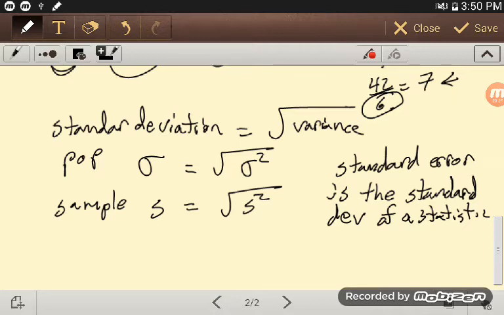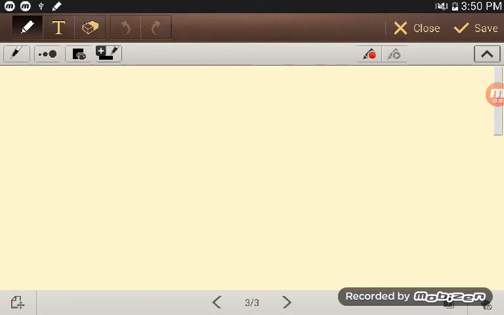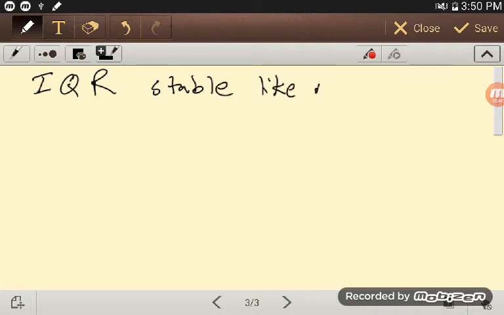Now I'll add one more page here for the interquartile range, or IQR. The interquartile range is a lot like the median in the sense that it is very stable. If you start adding numbers to a sample, the median doesn't tend to change much, but the mean might, because you might add a really big number and that will change things all of a sudden.